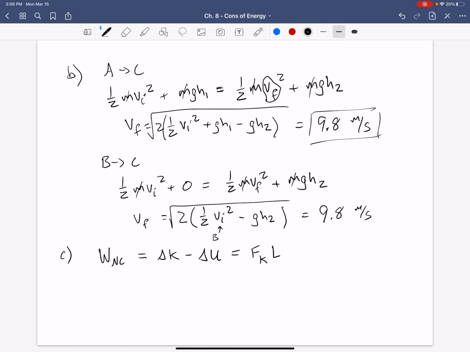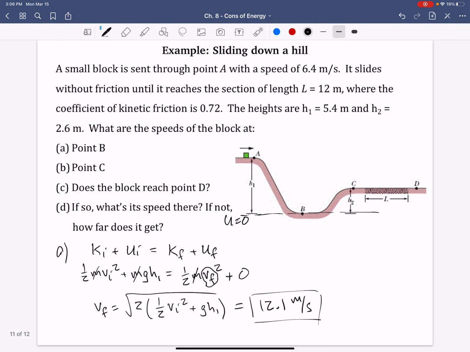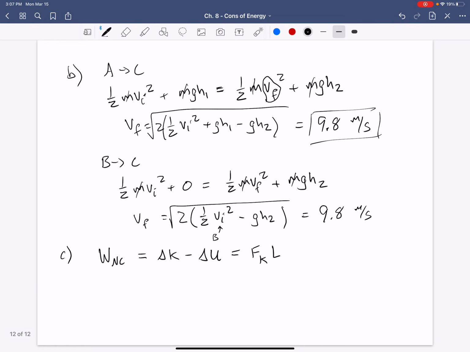What's the change in kinetic energy? Well, to be honest, we don't really know that. We know the change in U. That's not changing height, so that's 0. So this is 1/2 m, v final squared minus 1/2 v initial squared. And that's equal to the force of kinetic friction times L.